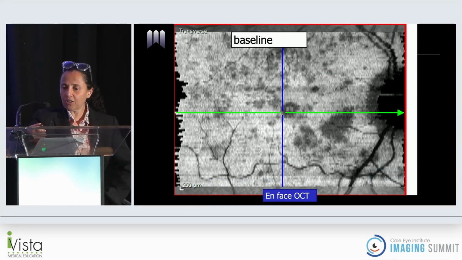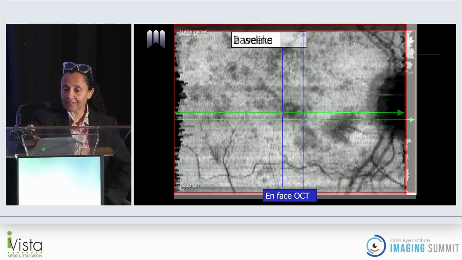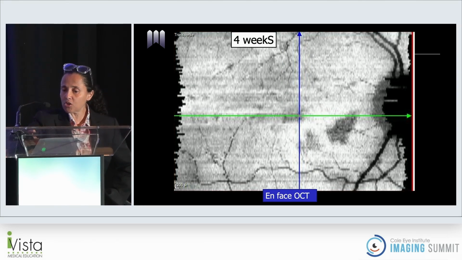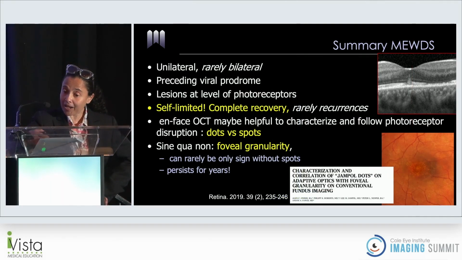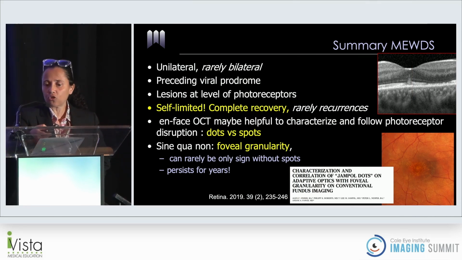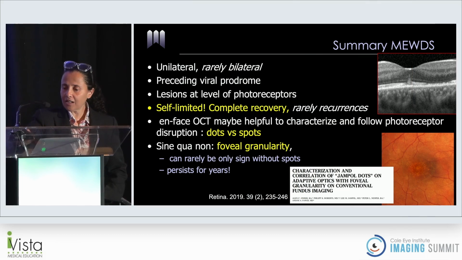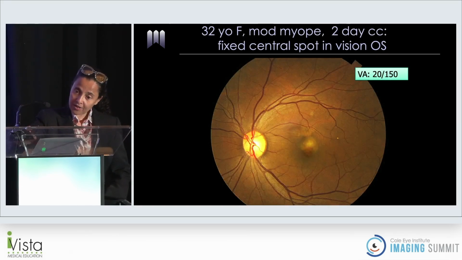And then when you look at the en face OCT at the level of the photoreceptors, you see all the spots, the big ones and the little dots, and then over time, everything resolves. The photoreceptors come back to completely normal, vision improves, usually without treatment. And like I said, the foveal granularity can be your permanent mark of a patient having had that episode.